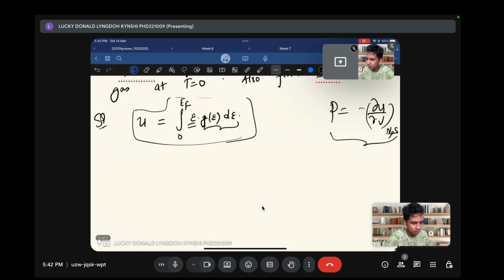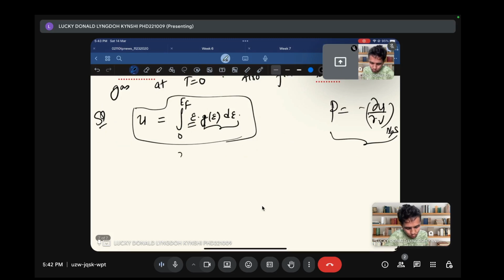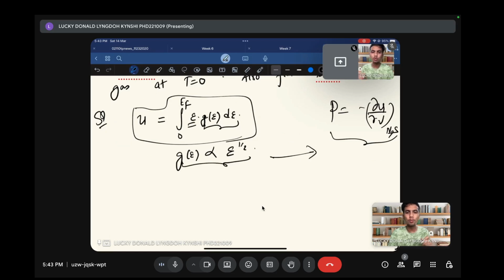This is your formula. And you also know that g(E) is proportional to E to the power of half. If you want, you can separately derive the density of states for one dimension, two dimension, three dimension. You will see that g(E) is proportional to E to the power of half for three dimensions.